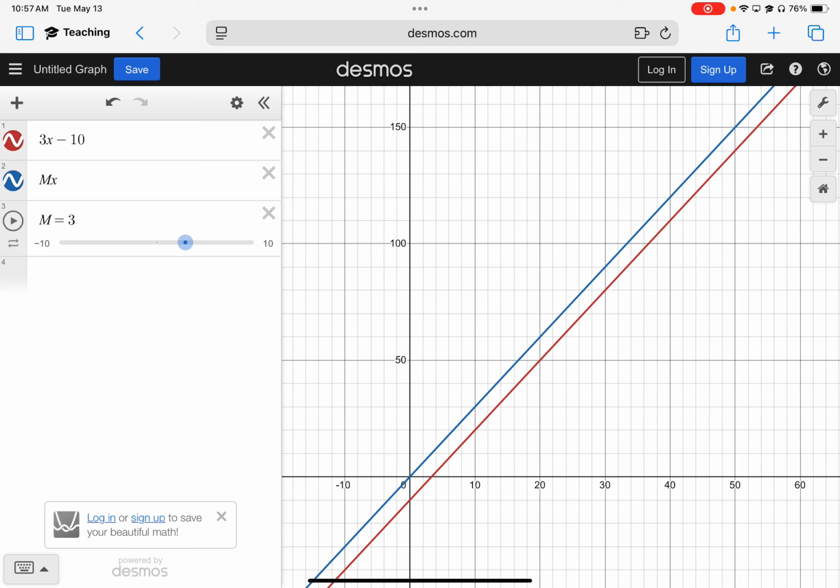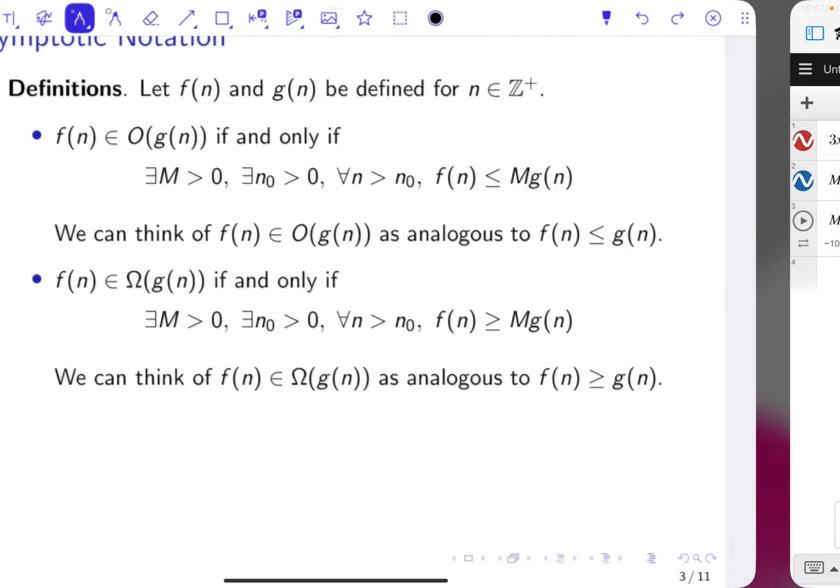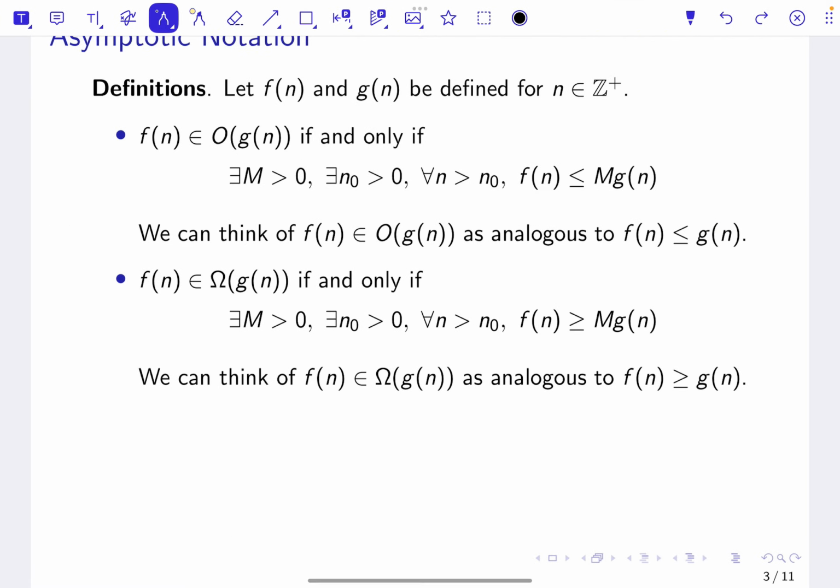And I don't know about you, but I'm finding these examples a bit frustratingly vague. I don't think it's quite justified why we want to compare functions like this yet, and it's especially not justified why we're using these complicated definitions, big O of n and big omega of n, which I haven't even covered yet, instead of the more intuitive idea of f of n tends to be bigger than g of n, or something like that.